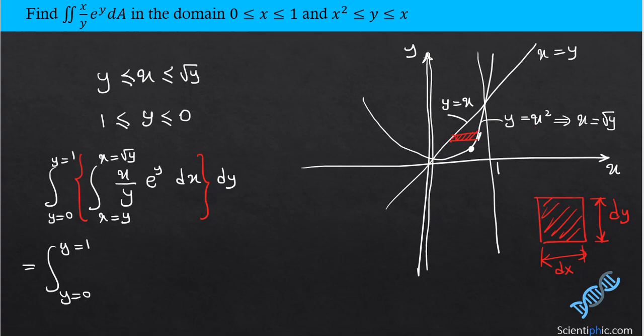It means I can take everything which is in terms of y out of the integral. So I have e to the power of y over y, the integral of x from y to square root of y, and what remains inside the integral is x dx, and then I write dy.